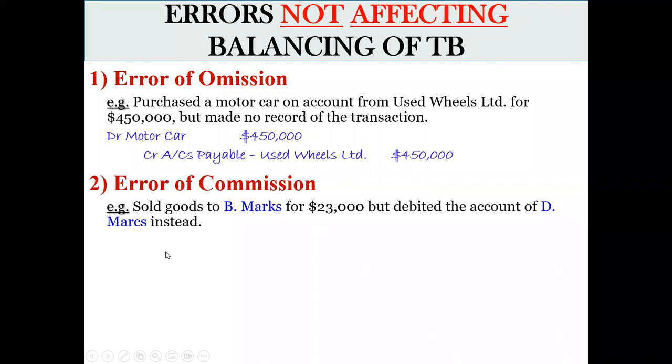Part of accounts receivable. So let's see what we did. Do the little T accounts. And your T's never fail, you guys.